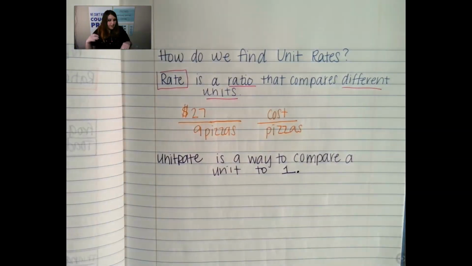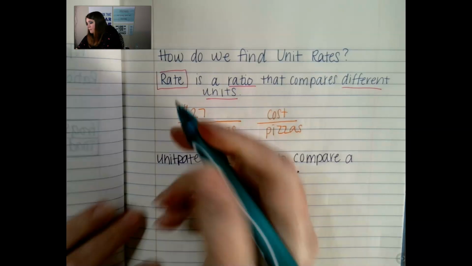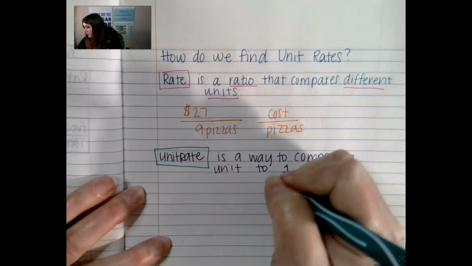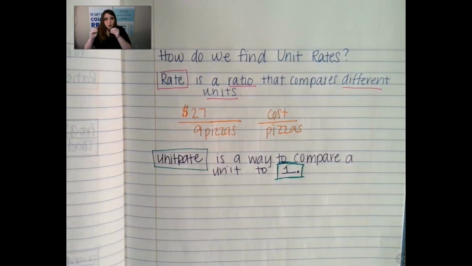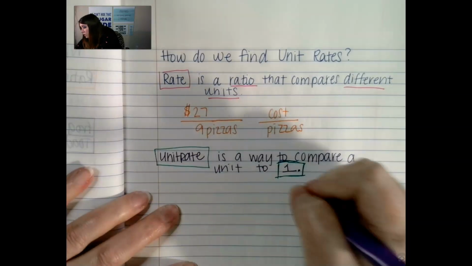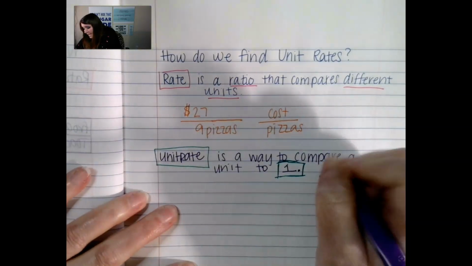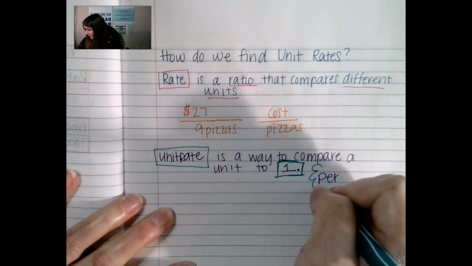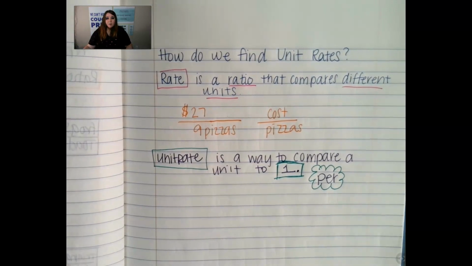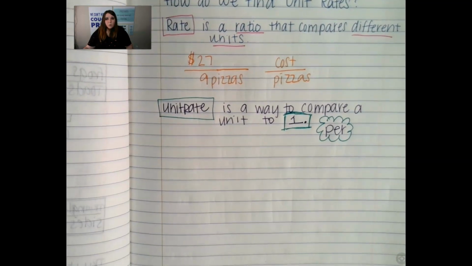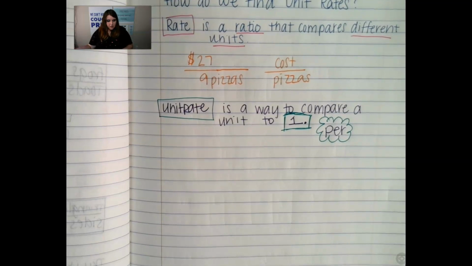By that I mean that your denominator is always going to be 1. So a unit rate compares to the number 1. So, units per unit. You're often going to hear the word per. Not per like a cat, but per, P-E-R. That is our clue word that we have a unit rate. So when we're comparing things, we can look at the units to 1.